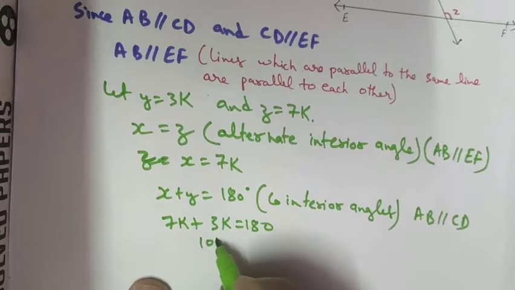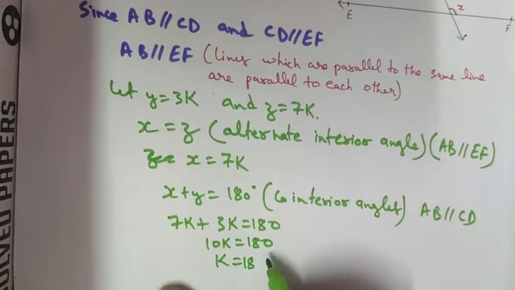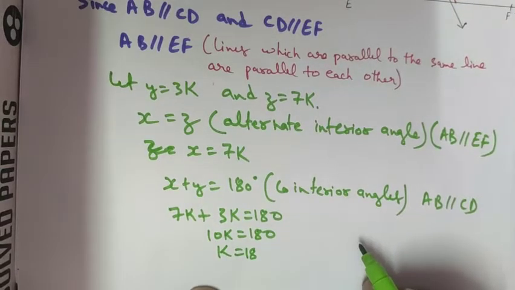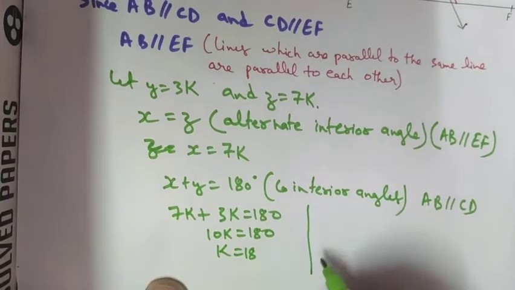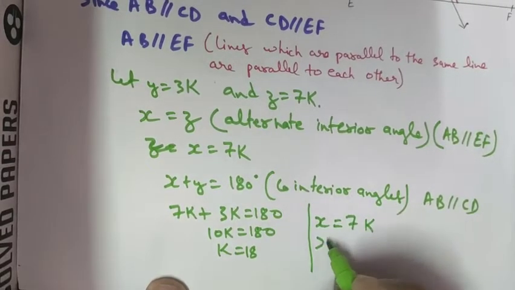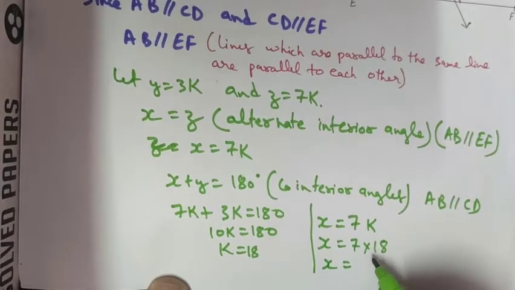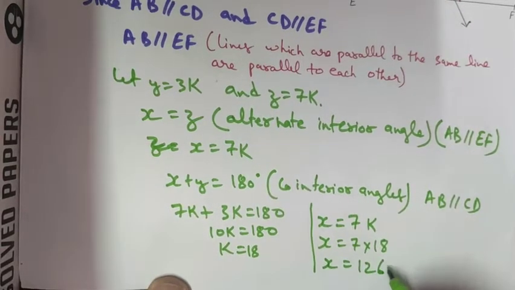So 10k equals 180, means k equals 18 degree. But we need to calculate the value of x. So x is equal to 7k, so x equals 7 multiplied by 18. x is equal to 126 degree.